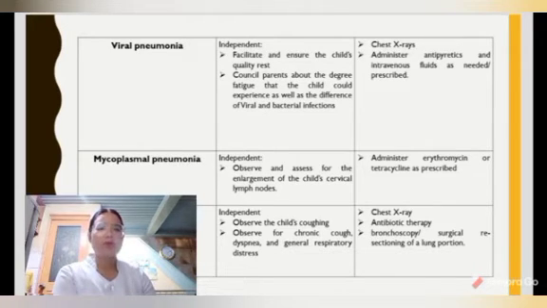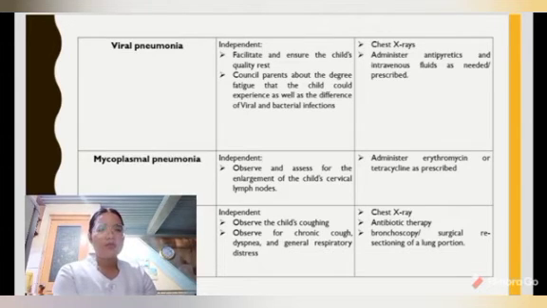In terms of mycoplasmal pneumonia, the nursing intervention would be to observe and assess for the enlargement of the child's cervical lymph nodes, and the laboratory and medical intervention would be the administration of erythromycin or tetracycline as prescribed by the physician.